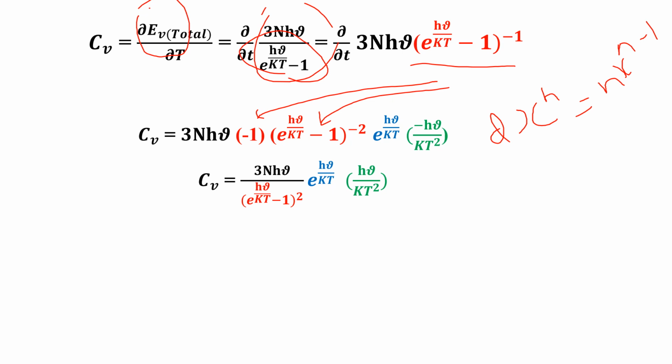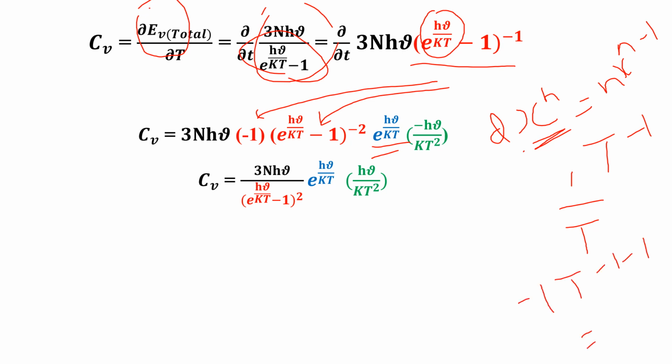Now again, E power h nu by kT will be differentiated, the 1 will disappear. Again the h nu by kT will be differentiated. Now the T is in the denominator. When you bring it to the numerator, it will be converted into T power minus 1. Again it should be differentiated based on the formula x power n. So minus 1 into T power minus 1 minus 1, that is minus T power minus 2.